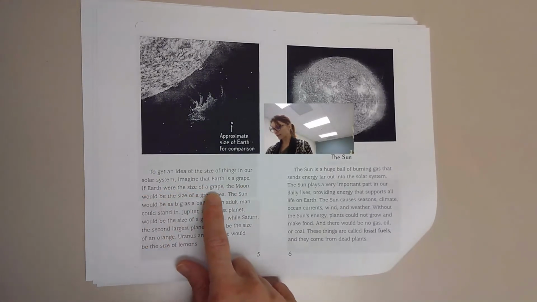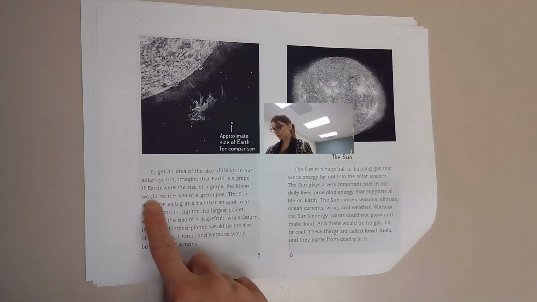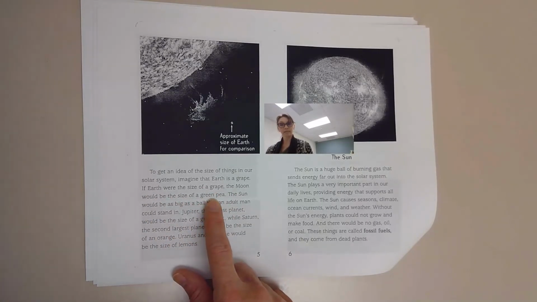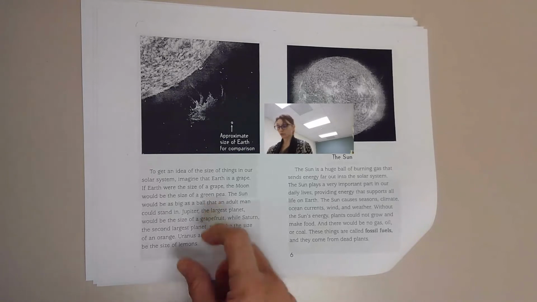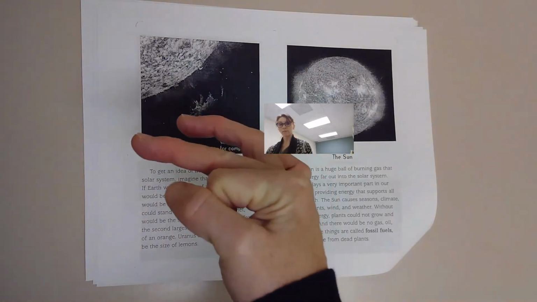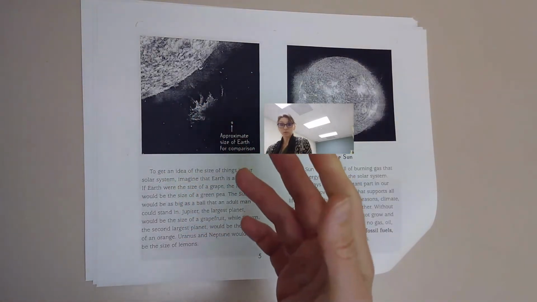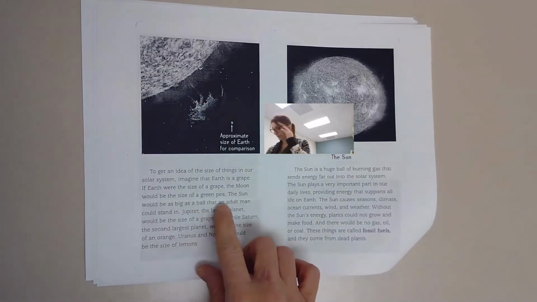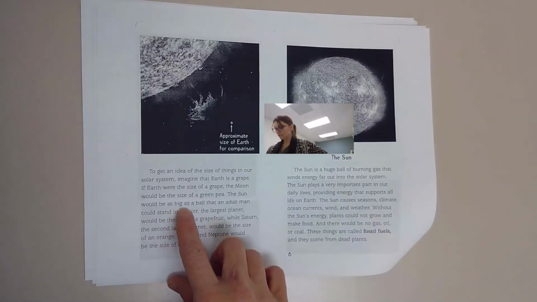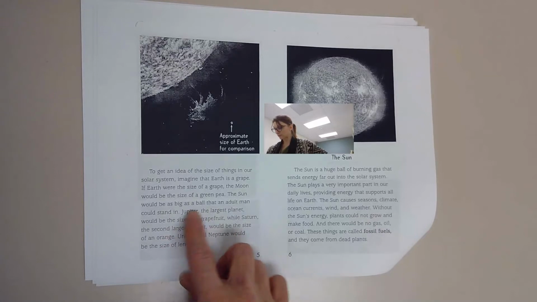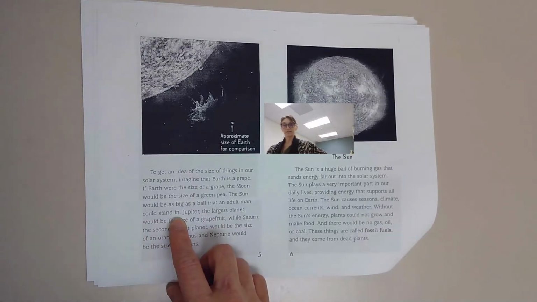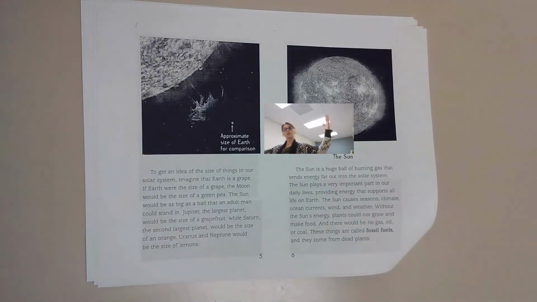If Earth were the size of a grape, the moon would be the size of a green pea. Okay, so there's our grape, and then the green pea is tinier. The moon is smaller than the Earth. The sun would be as big as a ball that an adult man could stand in. So the sun is huge compared to the size of the Earth.